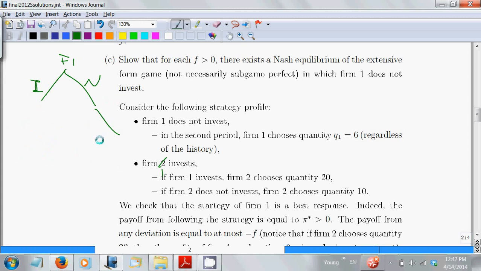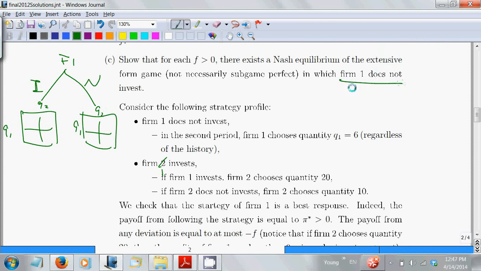It's better to not write it like that though. So we have a simultaneous move duopoly game, choosing Q1 and Q2 in the second period. And the goal here is we want firm one to not invest. So firm two needs to behave suboptimally, not optimally, when firm one invests, in order to push firm one to not invest.